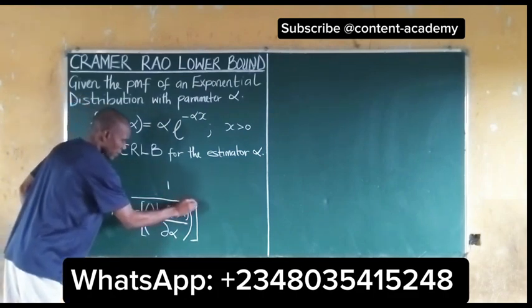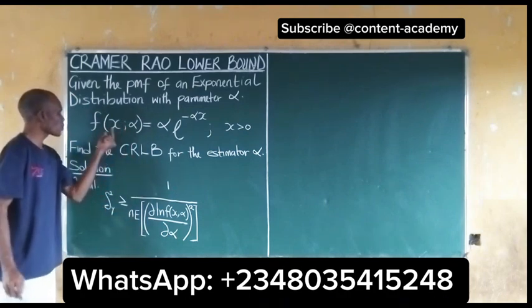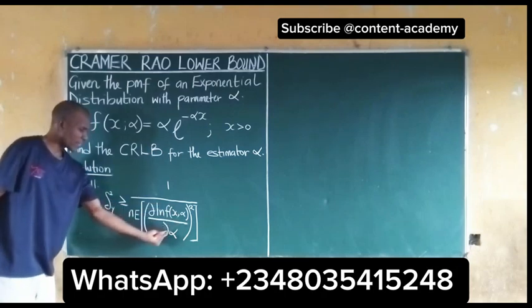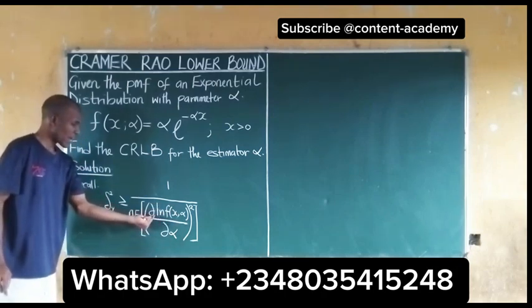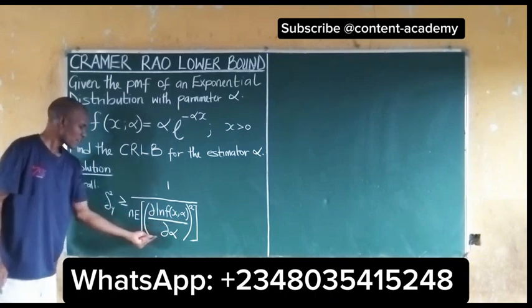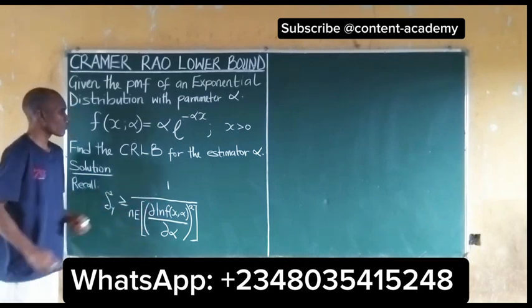So this is the Cramér-Rao Lower Bound. Whatever we are doing, we have to compare what we have here with everything inside. For example, we have to take the log, the derivative with respect to alpha, to compare it with the Cramér-Rao Lower Bound inequality.